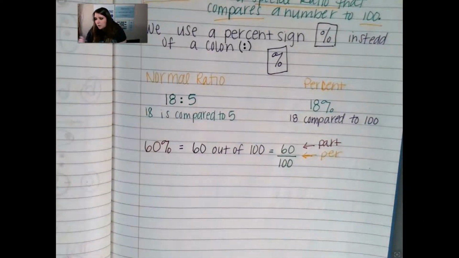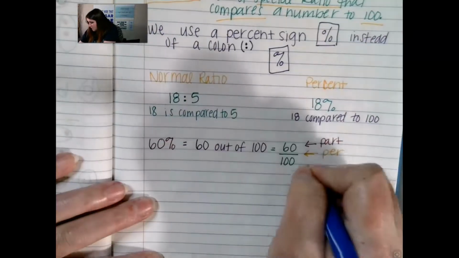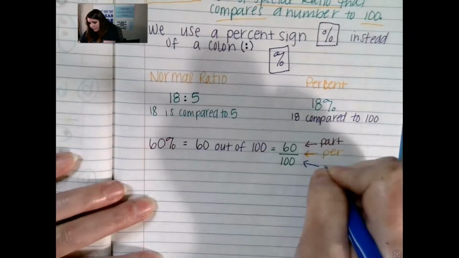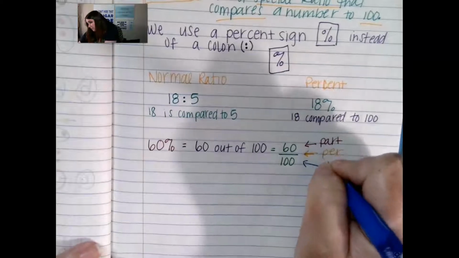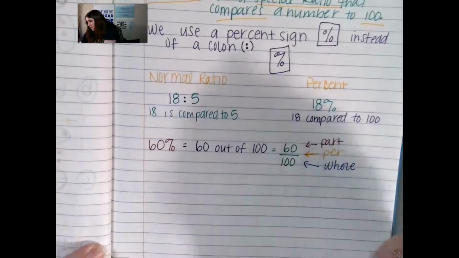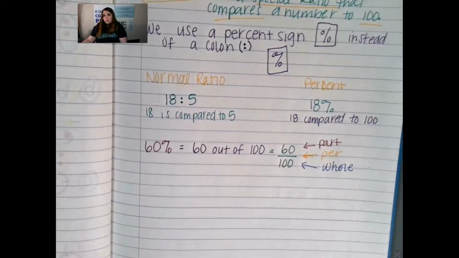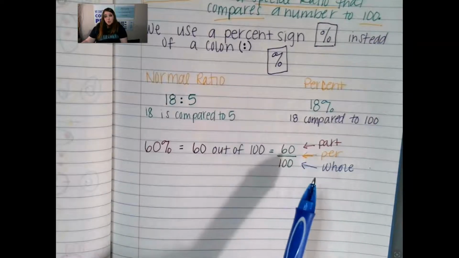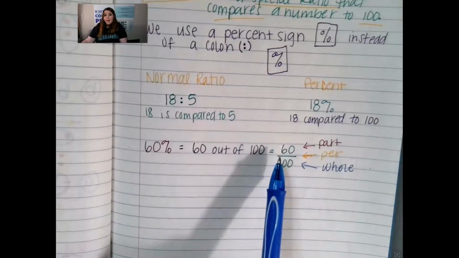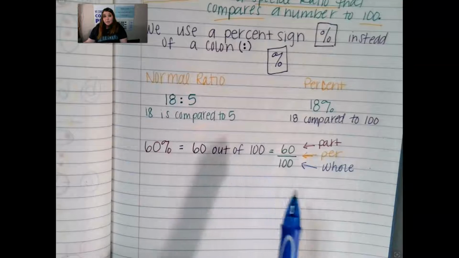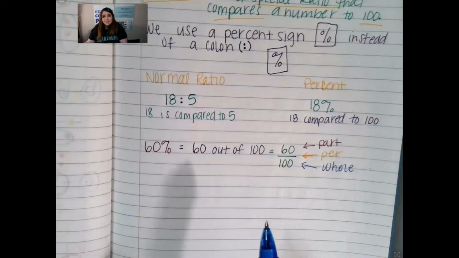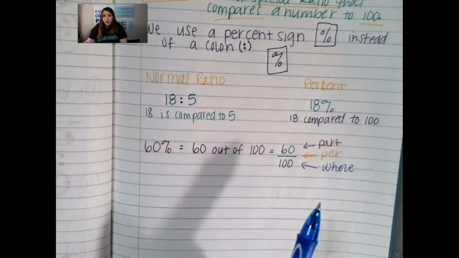This is your whole, the whole total, so the part being compared to the whole. This is like saying I have 60 pennies out of 100 pennies. Percent literally means for every 100 pennies.